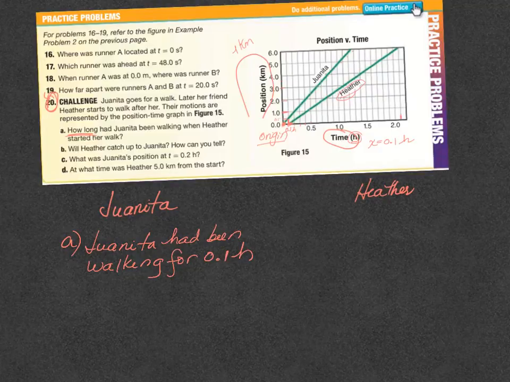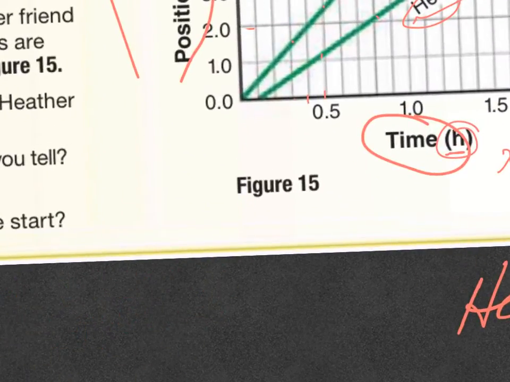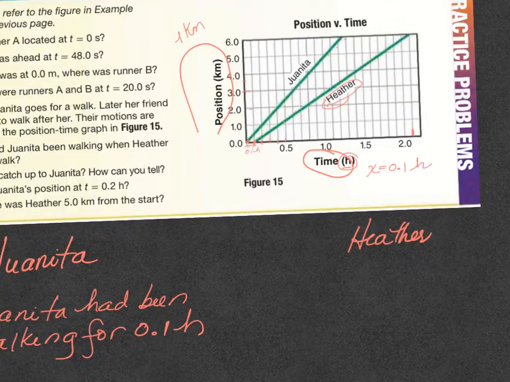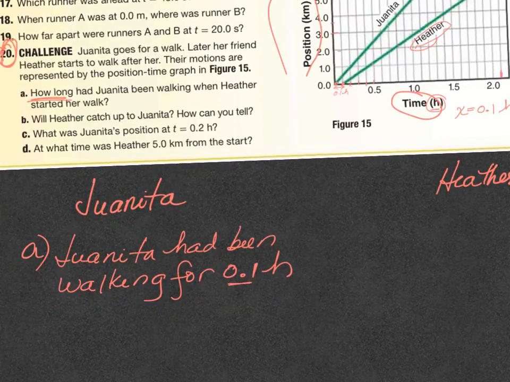You can see that there if I erase all the things I was writing. Heather started walking here. So Juanita was walking for 1, 2, 3, 4, 5, 0.1 hour. That's what I put over there.